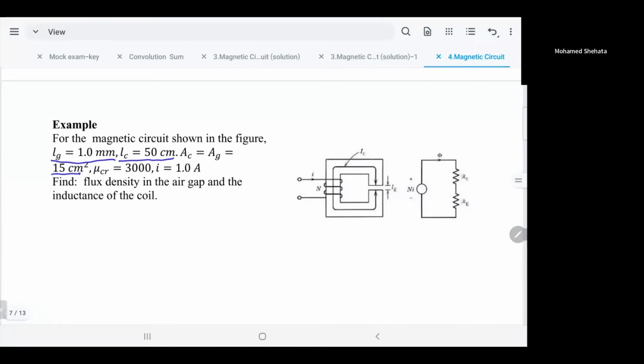The relative permeability of the core is equal to 3000. The current is equal to 1 ampere. What is required here? Find the flux density in the air gap and the inductance of the coil. So we want to find the flux density in the air gap, and we want to find L. Can we have an air gap in an inductor? Yes, you can have an air gap. And that's the equivalent circuit.